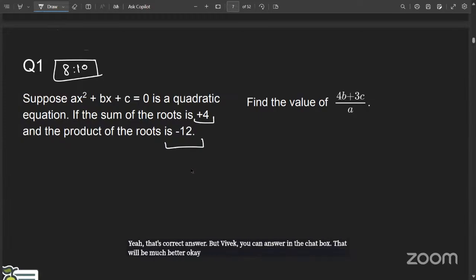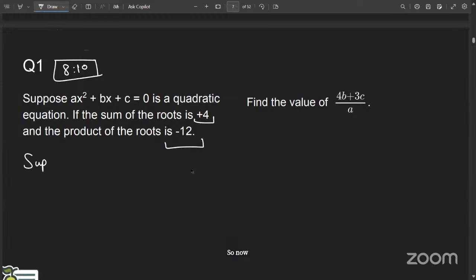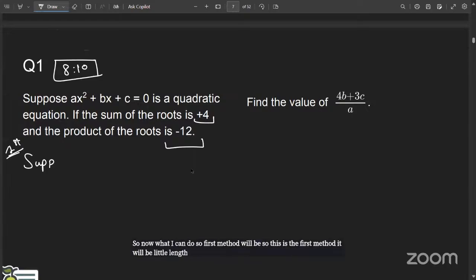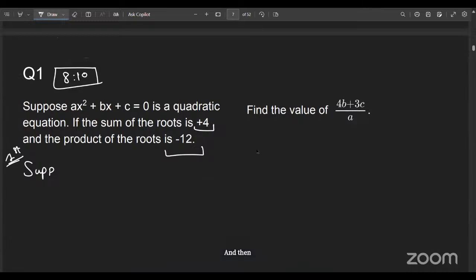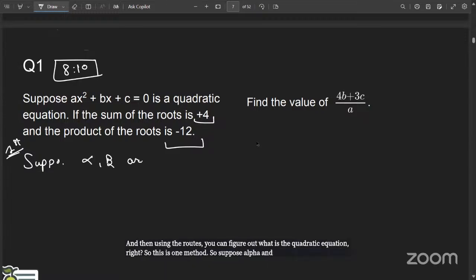So this is the first method. It will be a little lengthy. You first compute the roots, and then using the roots you can figure out the quadratic equation. Suppose alpha and beta are the roots.